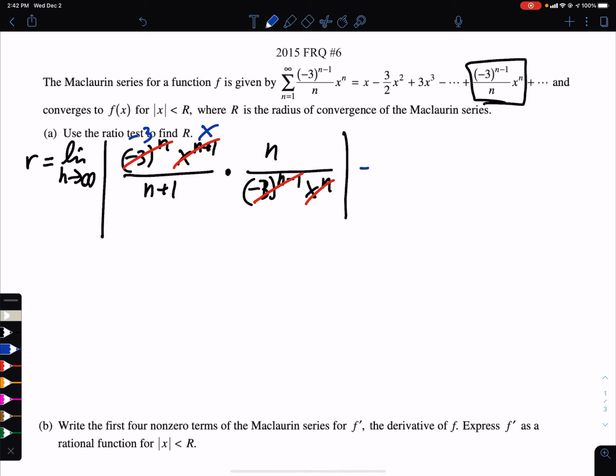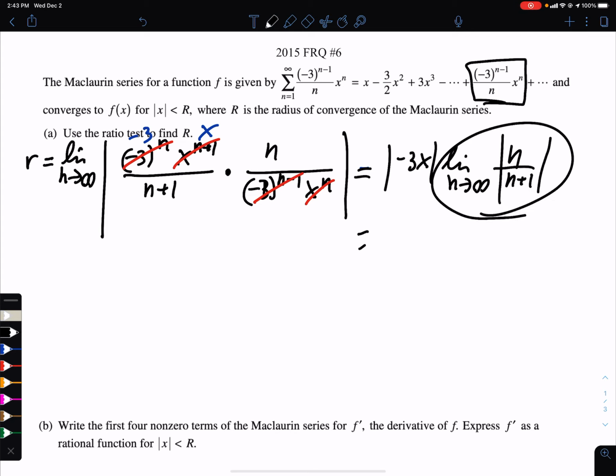And so this will equal the limit as n goes to infinity. Now, negative 3 and x are constants, so I'm actually going to take that out in front. Let me erase this. Absolute value of negative 3x, limit as n goes to infinity of n over n plus 1.